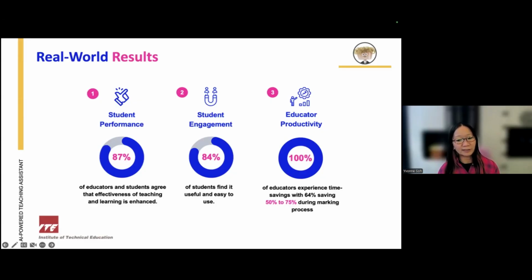So the platform directly collected engagement statistics as well as student performance, and this was measured through a combination of pre and post-formative assessments delivered via AI. And then these were compared with externally graded summative assessments using a control group to ensure rigor.